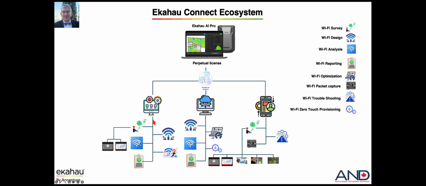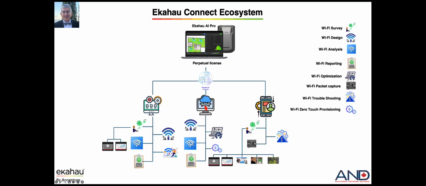If the user is using the PC platform, which is Mac or Windows, they can conduct surveys, which can be either continuous or stop and go. They can also perform design tasks for a wireless network. They can do analysis as well as troubleshooting, and finally can perform reporting tasks.